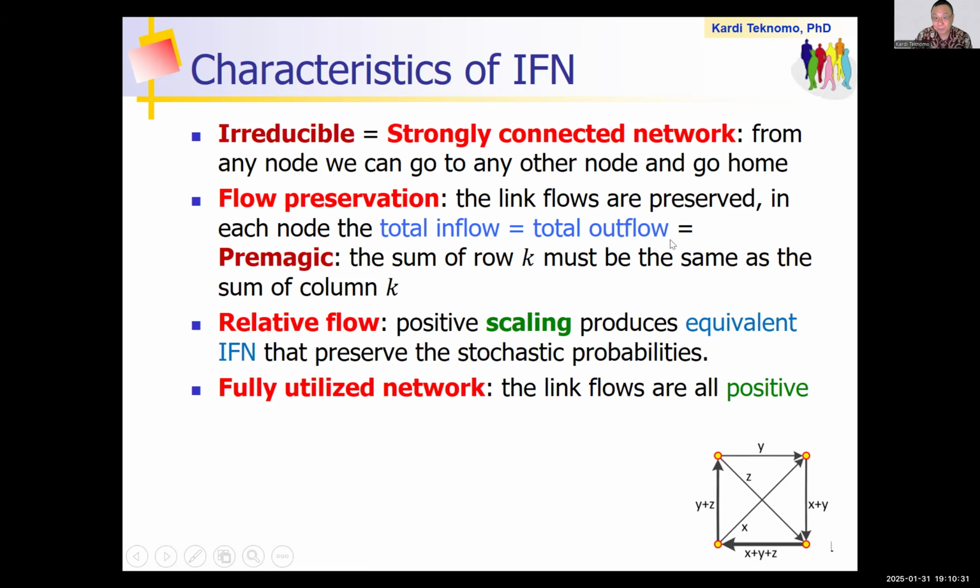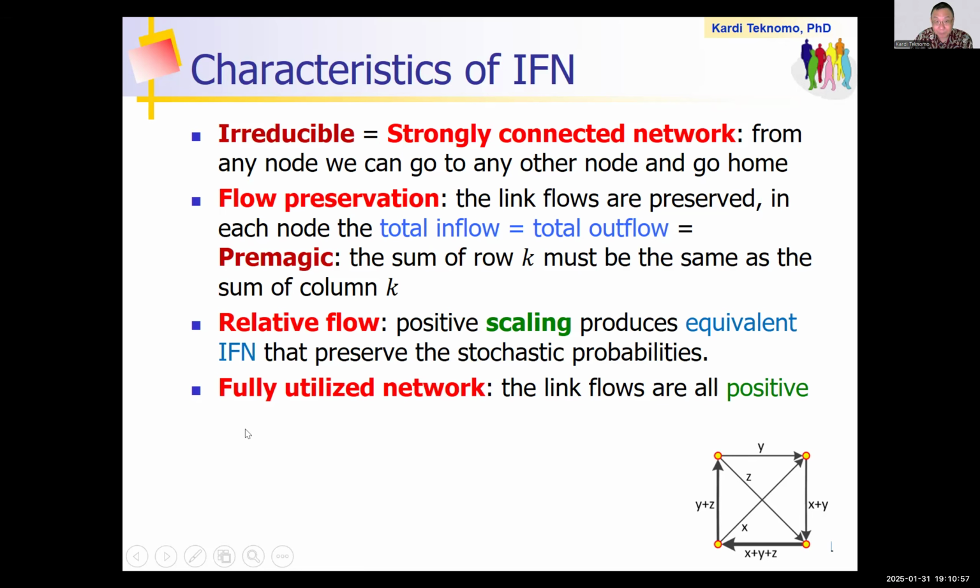Yeah. So you can see this in the matrix: the sum of rows is equal to the sum of columns. Yeah. And this is relative flow. That means you can have a positive scaling to produce an equivalent IFN. Okay. And the network must be fully utilized. That means no zero flow in the links. All flow must be positive.